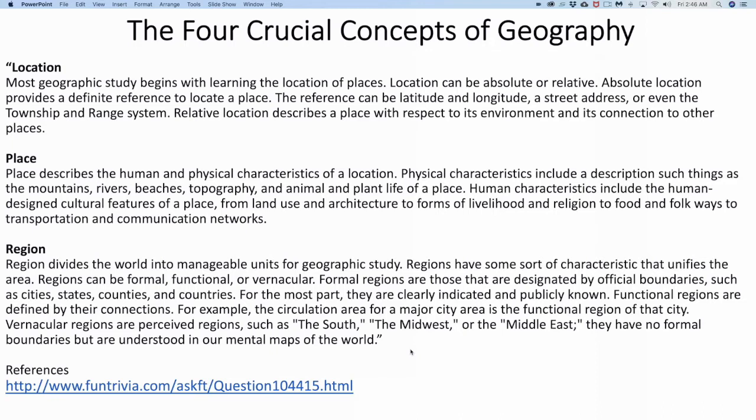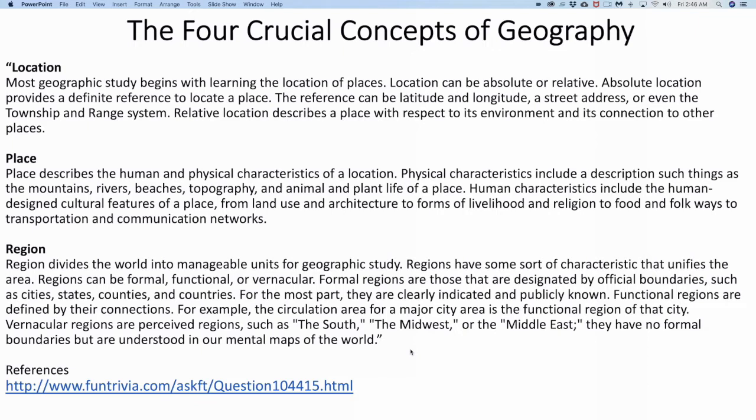There are also functional regions, and these describe the way that regions function, but not necessarily how they are organized administratively. Let's say Silicon Valley. It's not an administrative region, but it's a very meaningful region from a functional point of view because it describes a certain geographical area in which computer and internet companies work in a symbiotic way.